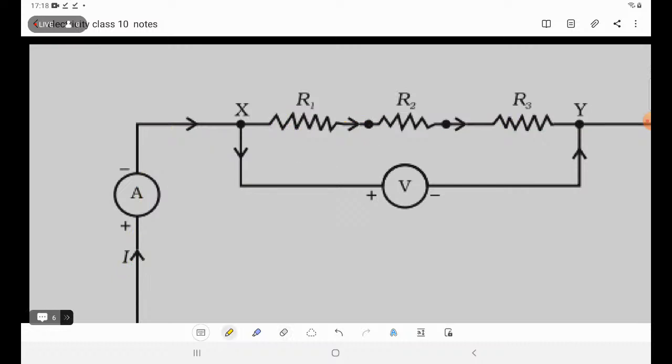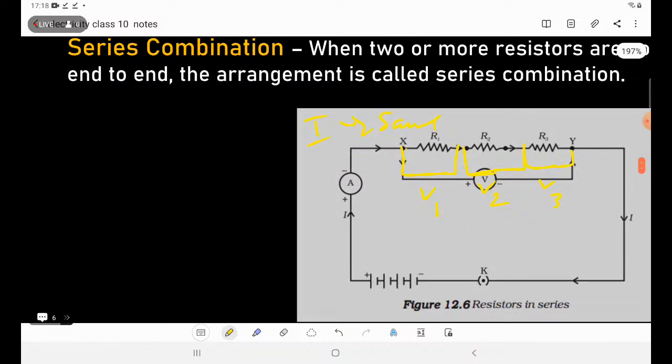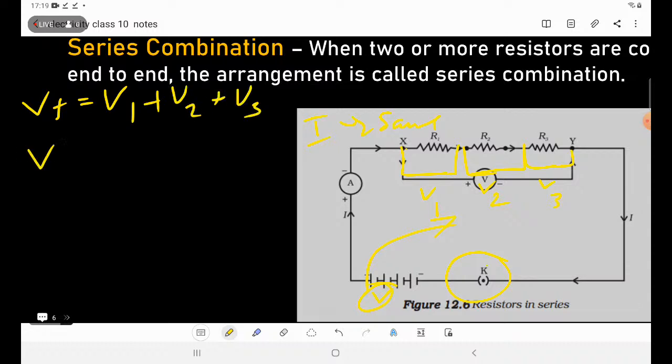So what we can say is that here current is the same, but V is different in each one. So V1 plus V2 plus V3 is equal to V total. Whatever V is here, that is the total of these. So Vt is equal to V1 plus V2 plus V3.